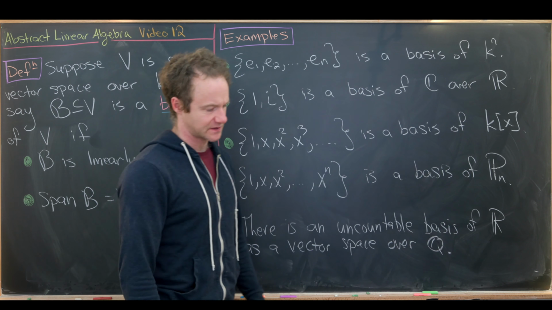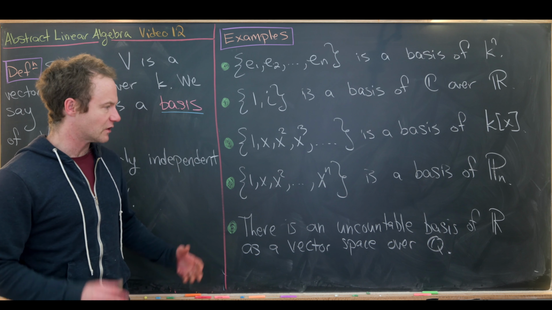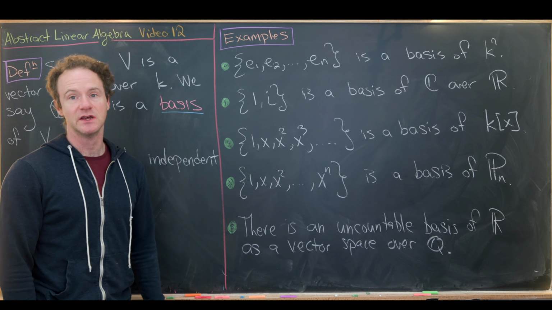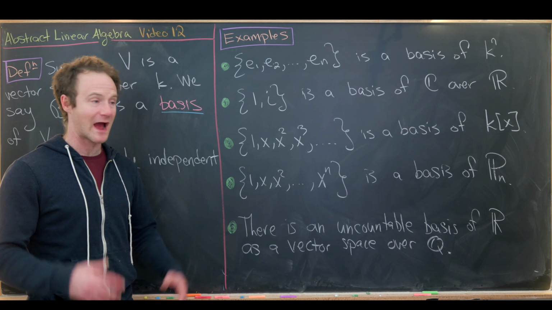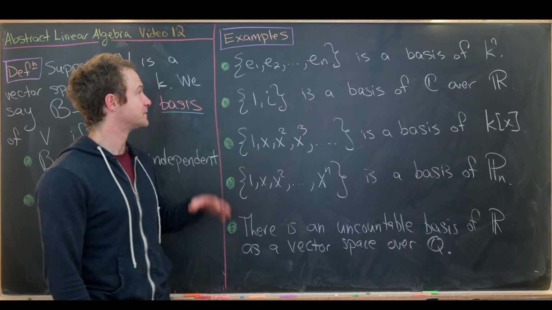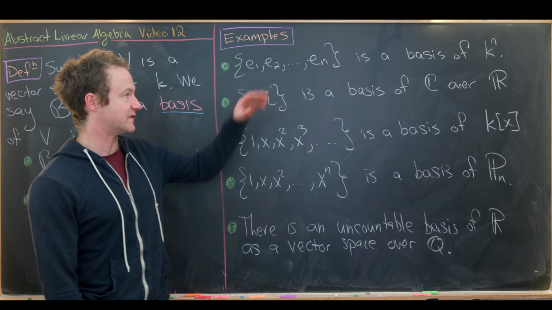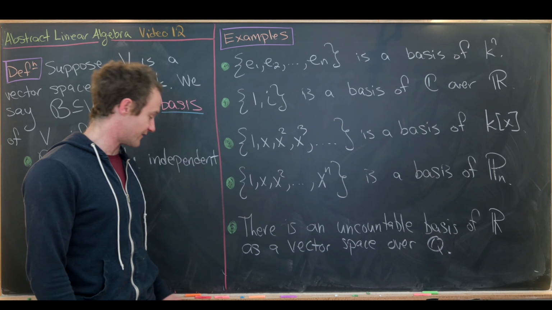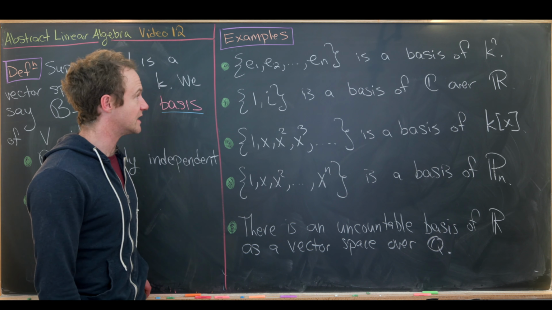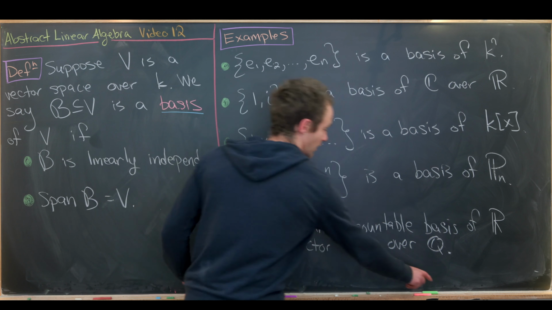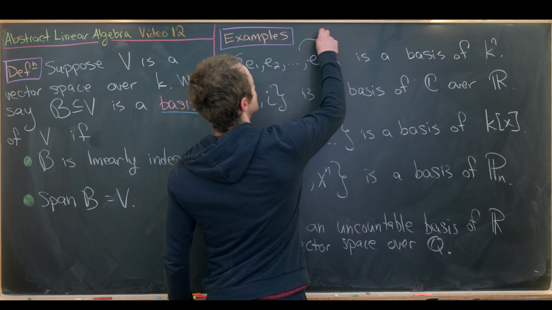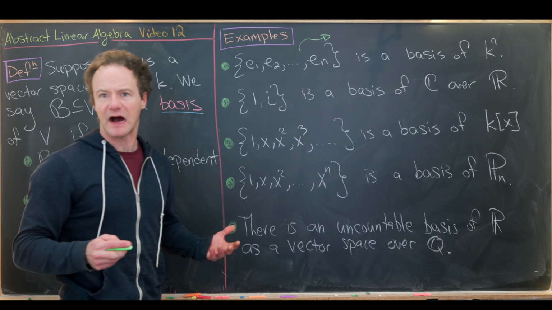So let's recall some examples that we've seen before and maybe look at a couple that we haven't seen before, before we get going with some wrap-up results regarding bases. The set of standard basis vectors forms a basis of K^n. So here we have e1, e2, e3, e4, and so on, all the way up to en. What do I mean by ei, for instance?